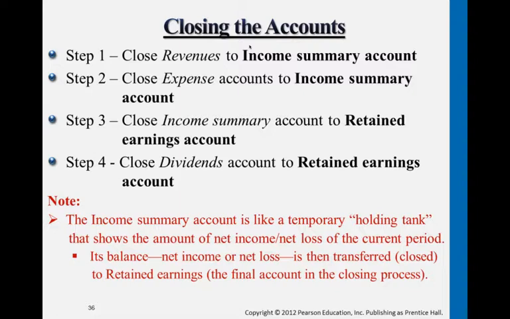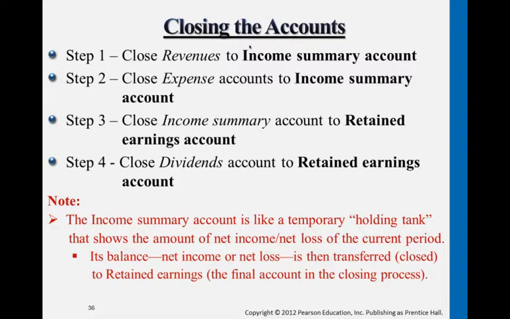So income summary, you can think of it as having the same normal balance side as retained earnings, because we always put revenues on the right side and expenses on the left side while we do this closing process. So the first entry will be debiting revenue and crediting income summary. Second entry, because expense has the opposite rule, we'll be debiting income summary and crediting expenses.